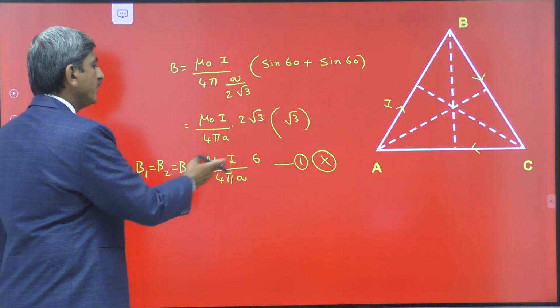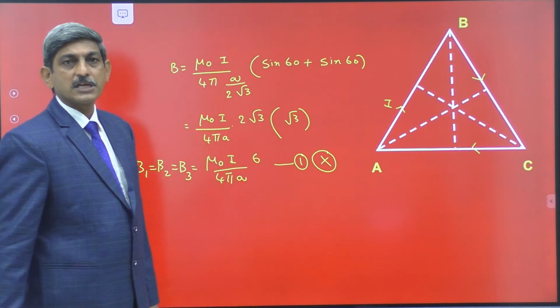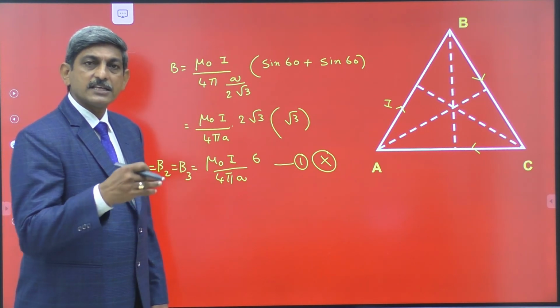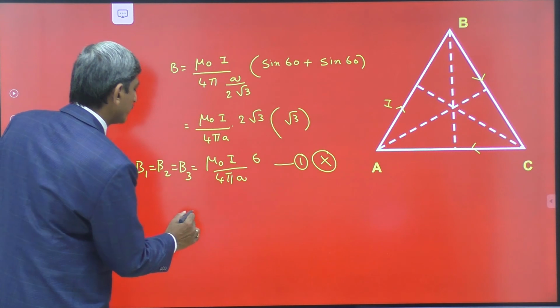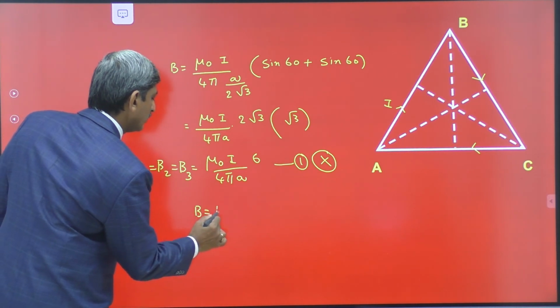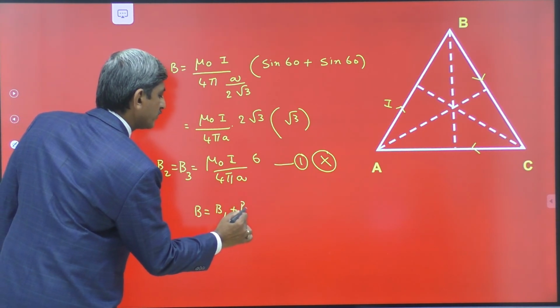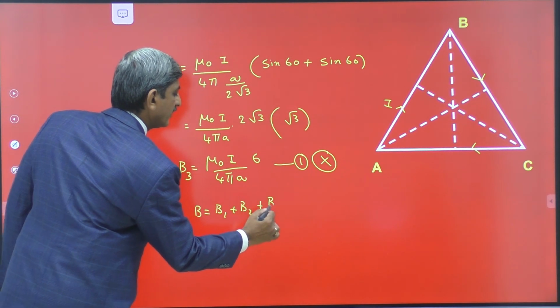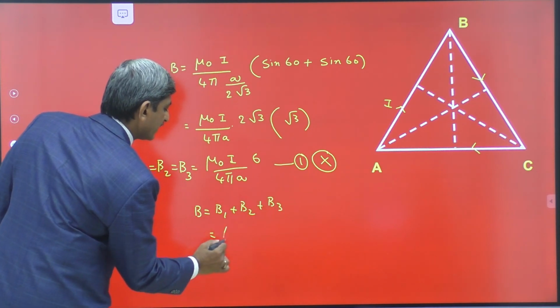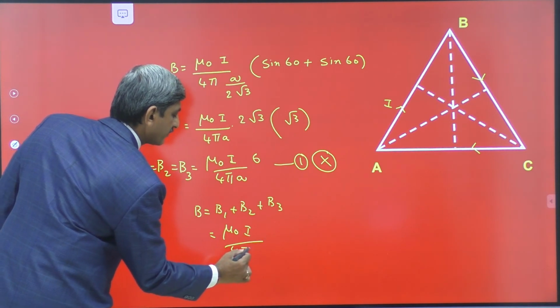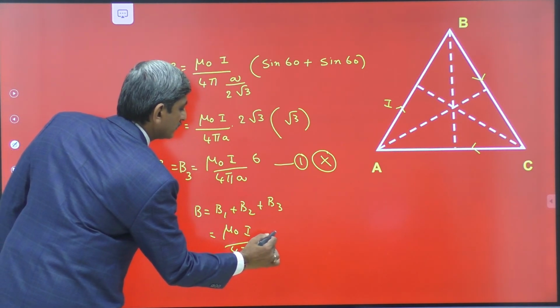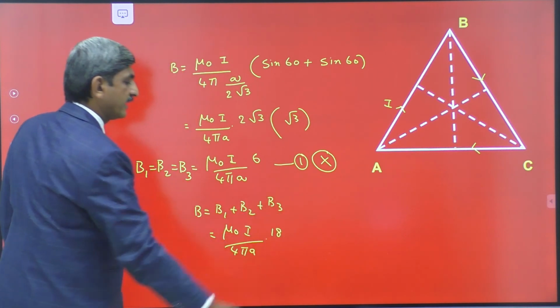Okay, so B1, B2, B3 are known and the directions are also known. The directions are in the same direction. That's why by adding these three we can determine the total magnetic field produced. B is equal to B1 plus B2 plus B3. By adding these three we get it as mu naught I divided by 4 pi A into 18.